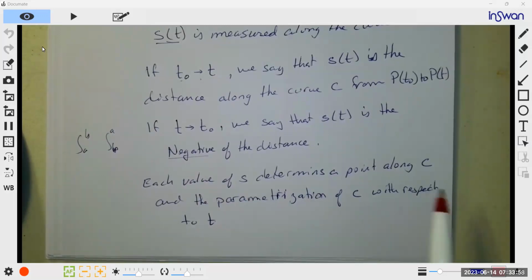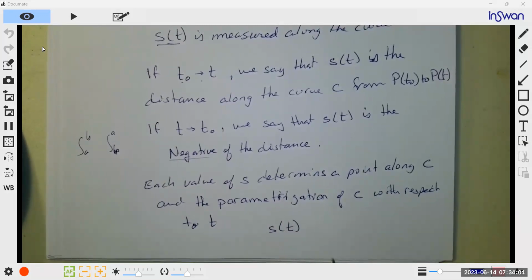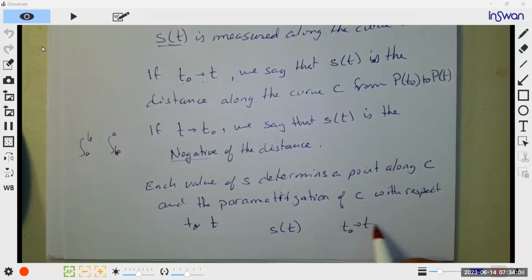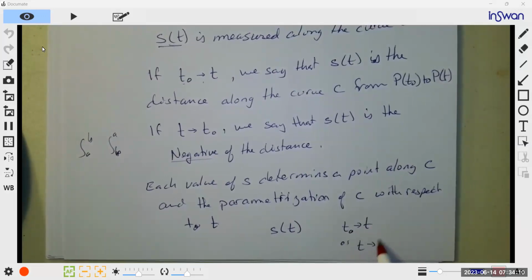We're looking at each point along the way as t goes from t sub 0 to t, or from t to t sub 0.